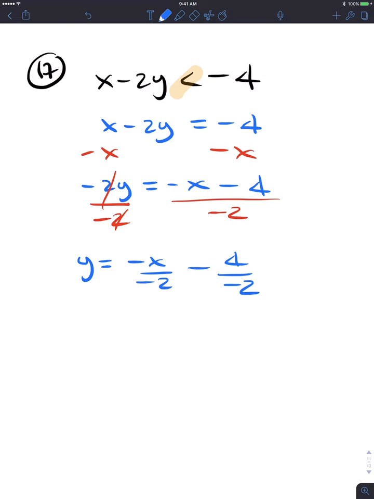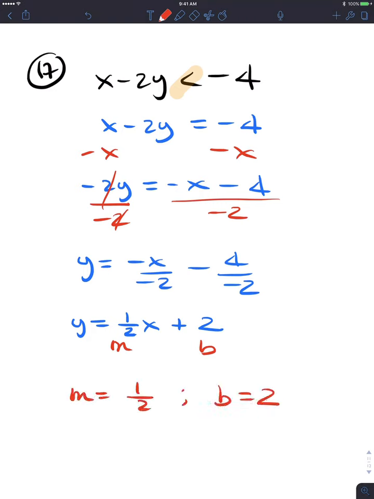Now, if I do my division with negative 2, a negative divided by a negative is a positive. That's positive 1/2. And again, a negative divided by a negative is also a positive. So my slope here is 1/2 and my y-intercept is 2. So m is 1/2 and b is 2.